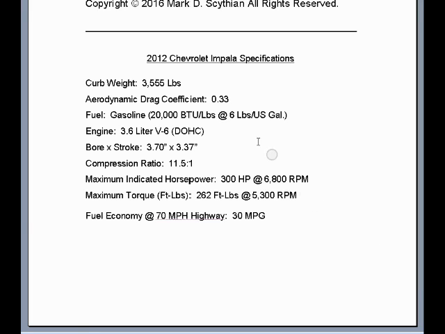We must know its curb weight in pounds, 3,555 pounds, the aerodynamic drag coefficient, which the manufacturer states is 0.33. The fuel used will be gasoline on a 4-stroke 6-cylinder 3.6 liter displacement automobile piston engine.